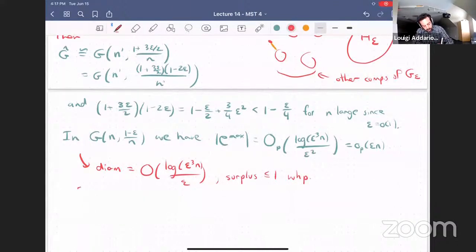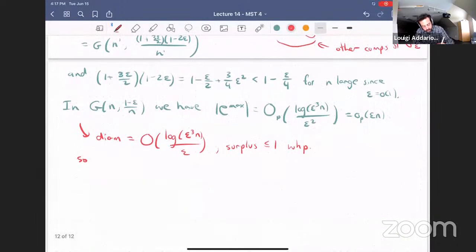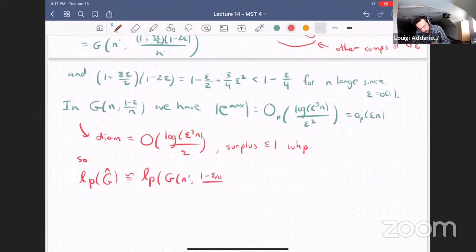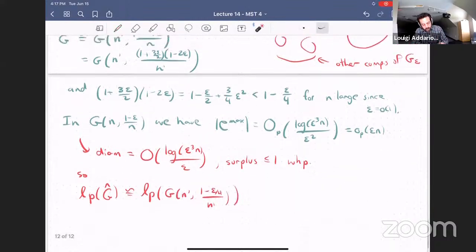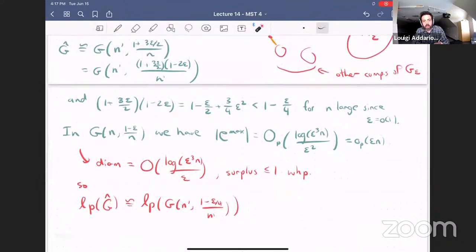And so that means that the longest path in G hat, which looks like the longest path in this graph G, n prime, 1 minus epsilon over 4 over n prime. Well, I'm being generous here. Really, it's closer to 1 minus epsilon over 2, but I'm only looking for an upper bound. So this longest path is at most stochastically about the longest path in here.